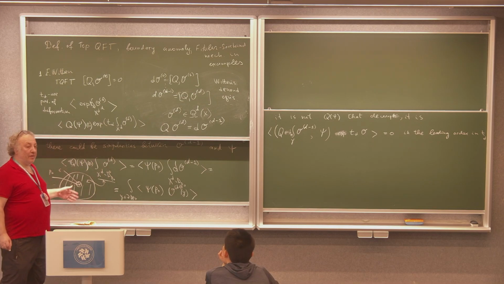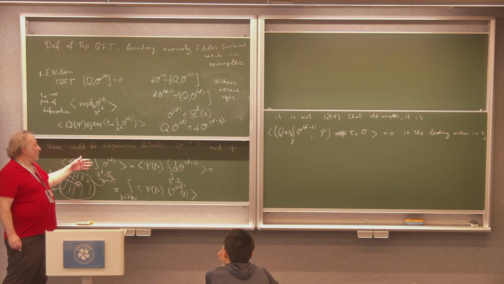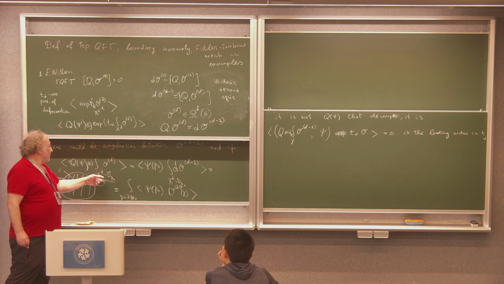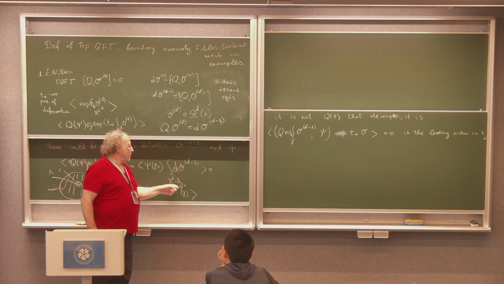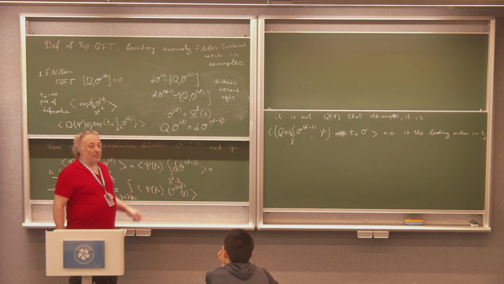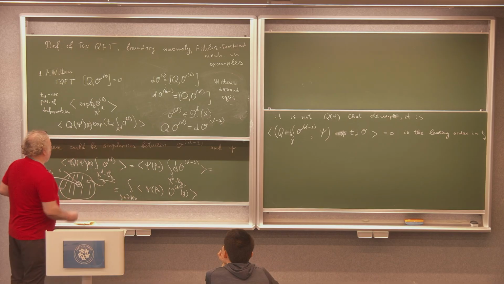And I run the argument. And when I run the argument, I take Q, act on O_D, have a total derivative, but the integral is on the space that has a boundary, this boundary.